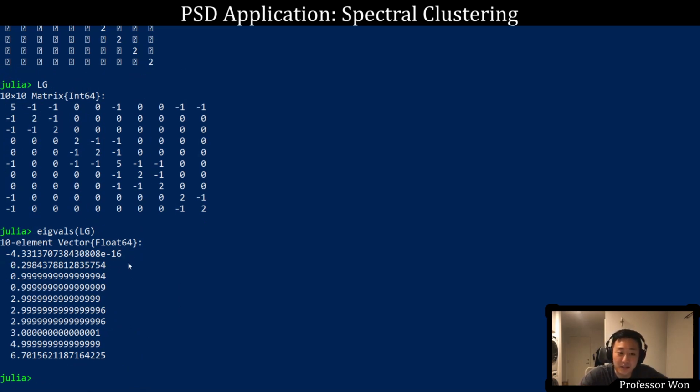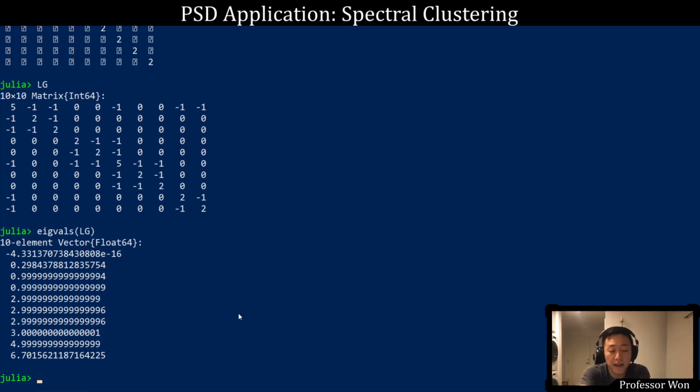And the second smallest eigenvalue is 0.2984, etc. So my Fiedler value is 0.2984, etc., which means by the theorem, my sparsest cut will have density at least as big as this Fiedler value.